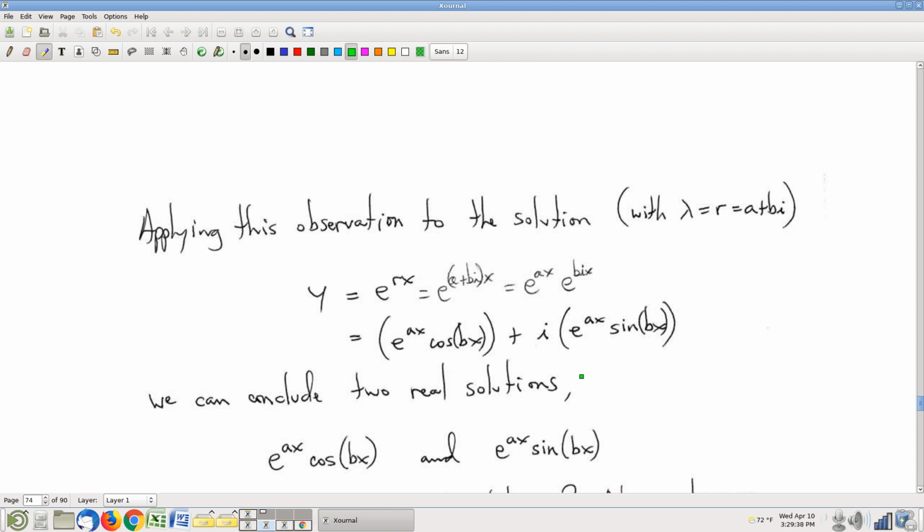Specifically, I wrote those solutions as linear combinations of these solutions. Linear combinations, you'll note here, with a complex scalar. So strictly speaking, based on how we wrote things down, we're not allowed to do that at that time.